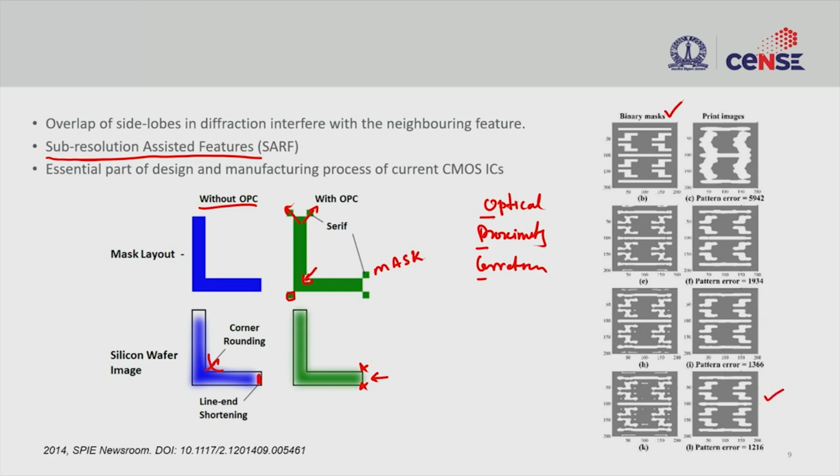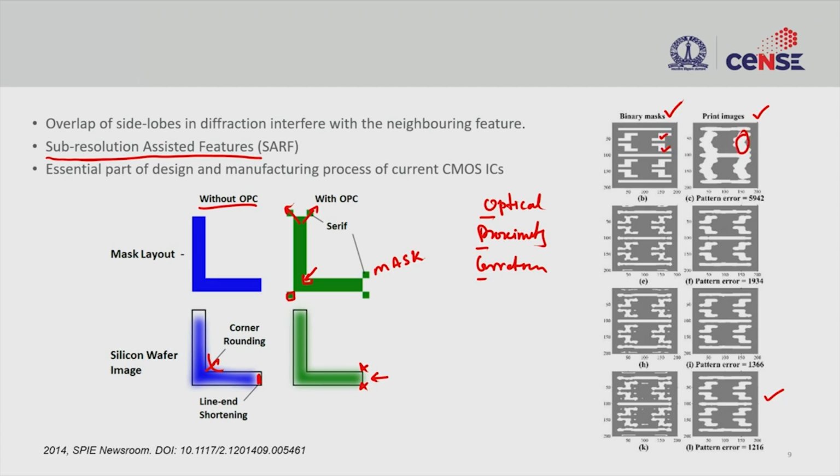As you can see here, this is a complex structure to actually enhance this proximity effect, right. So whatever is printed is completely different from what you want. If you want two isolated features here, what you get is a complete blob, right. It's not at all resembling what you wanted.